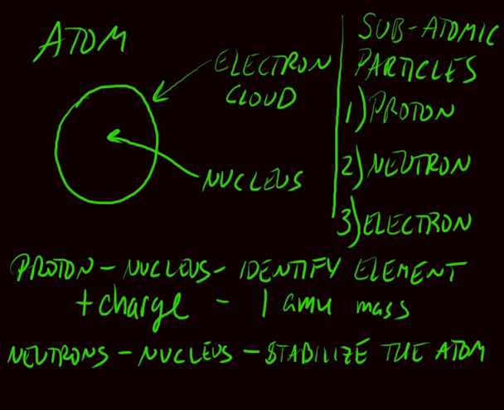Now, you can't just throw as many protons in the nucleus as you want to without some kind of mass balance there. And this is where the neutrons come in. Each element has a specific ratio of protons to neutrons that allow that atom to exist.